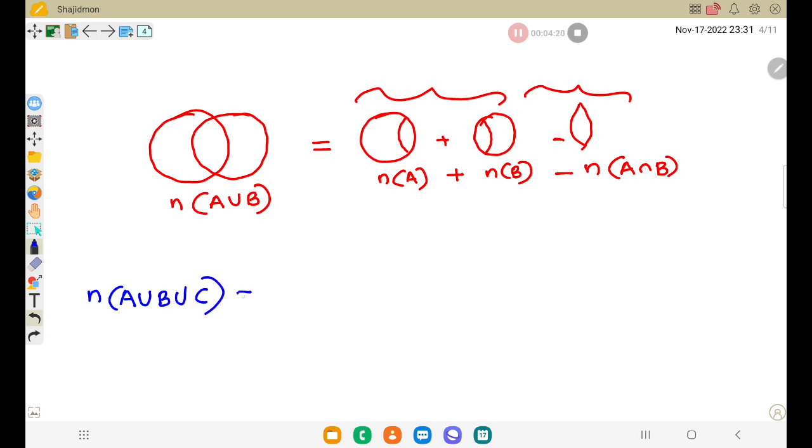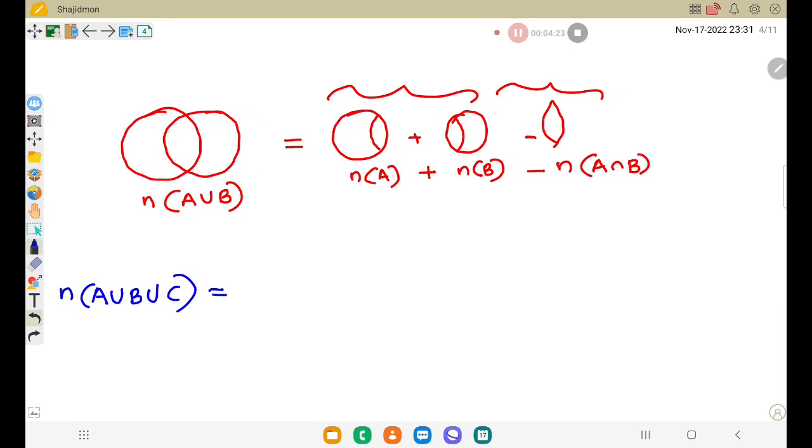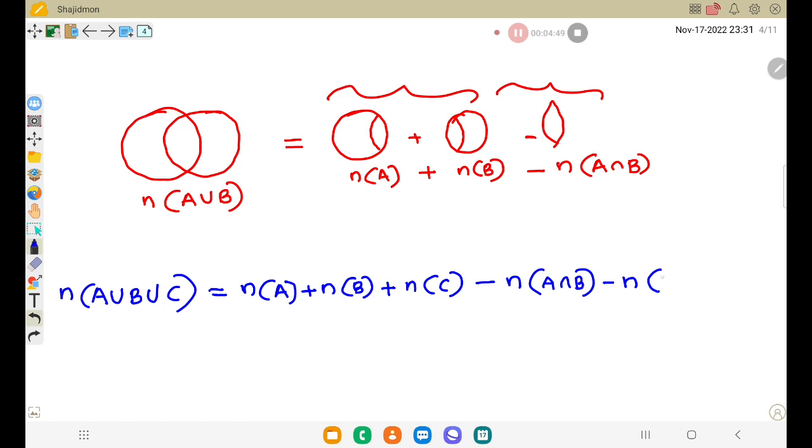First we write the inclusion portion: number of A plus number of B plus number of C. Then minus, taking two sets at a time: number of A intersection B, delete; minus number of B intersection C, delete; minus number of A intersection C, delete; plus include the portion number of A intersection B intersection C.